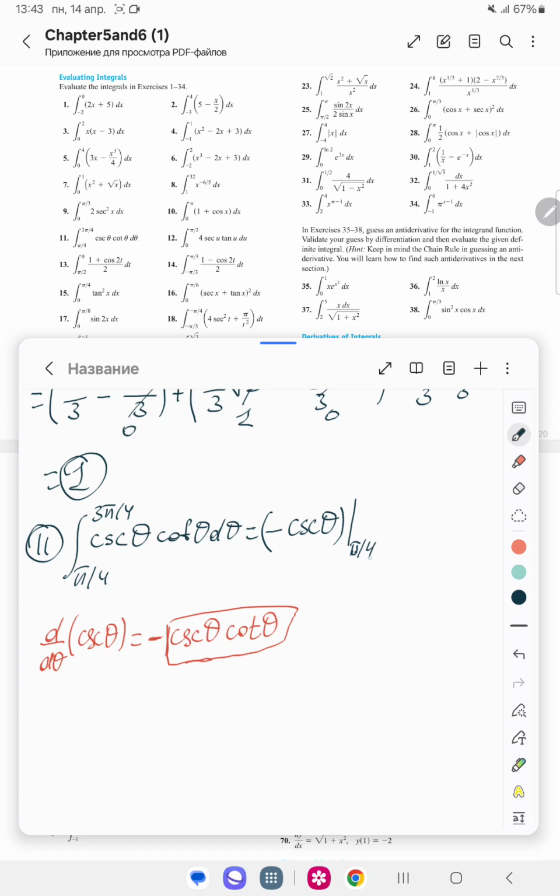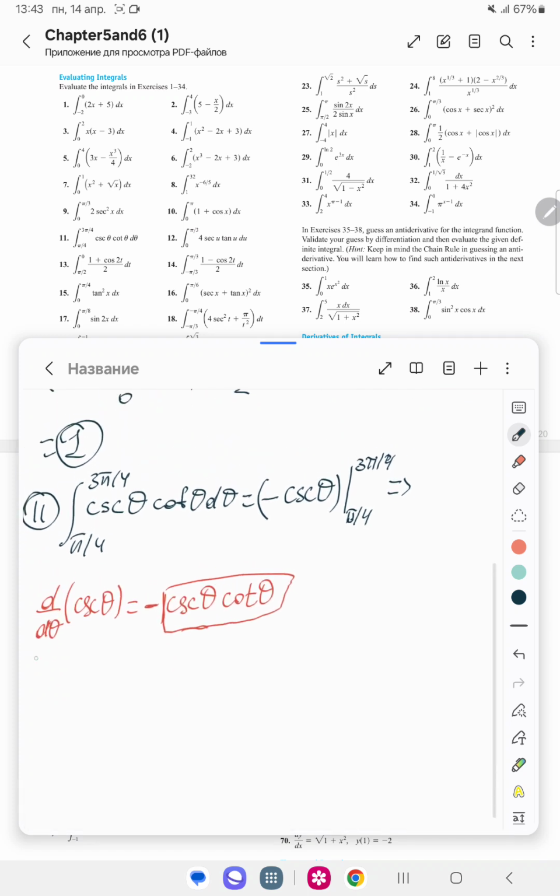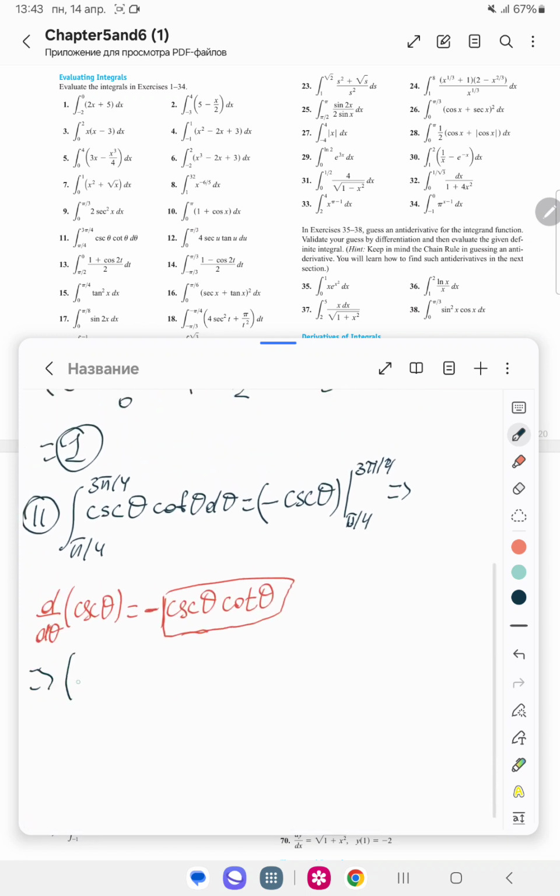We will write here without hesitation minus cosecant theta from pi over 4 to 3 pi over 4. So what we'll get is minus cosecant 3 pi over 4 minus cosecant pi over 4.